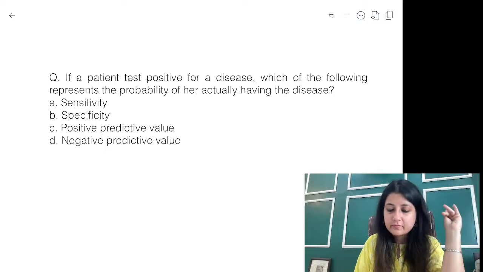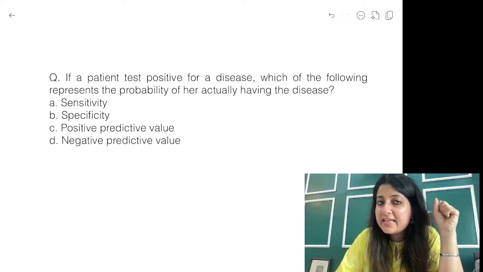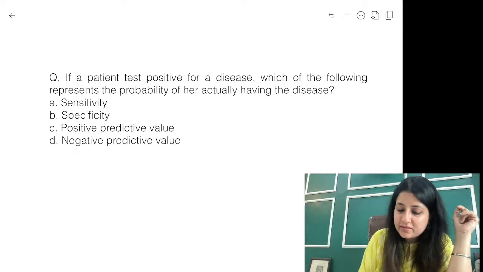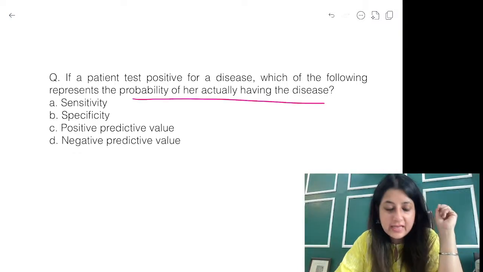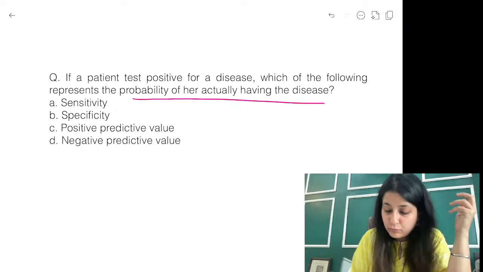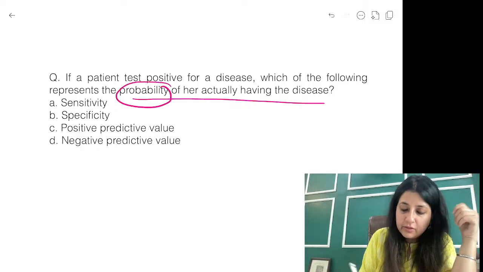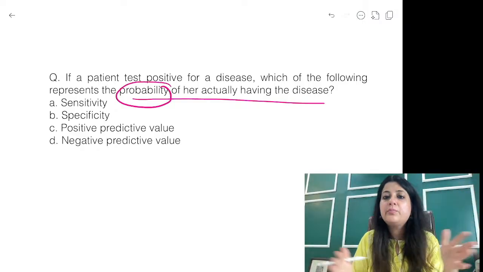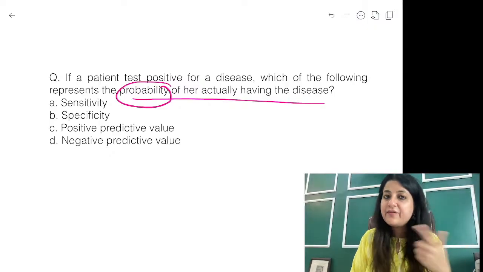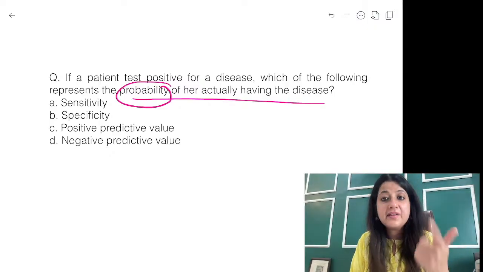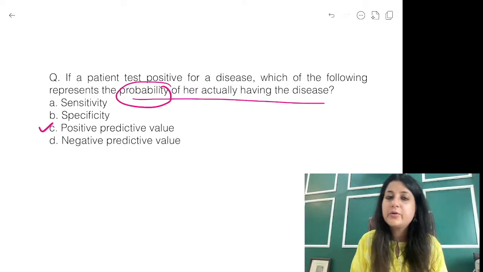If a patient tests positive for a disease, which of the following represents the probability of her actually having the disease? The word probability, very good, goes with predictive values. So I have come screening test positive. Do I really have the disease or not? Positive predictive value.